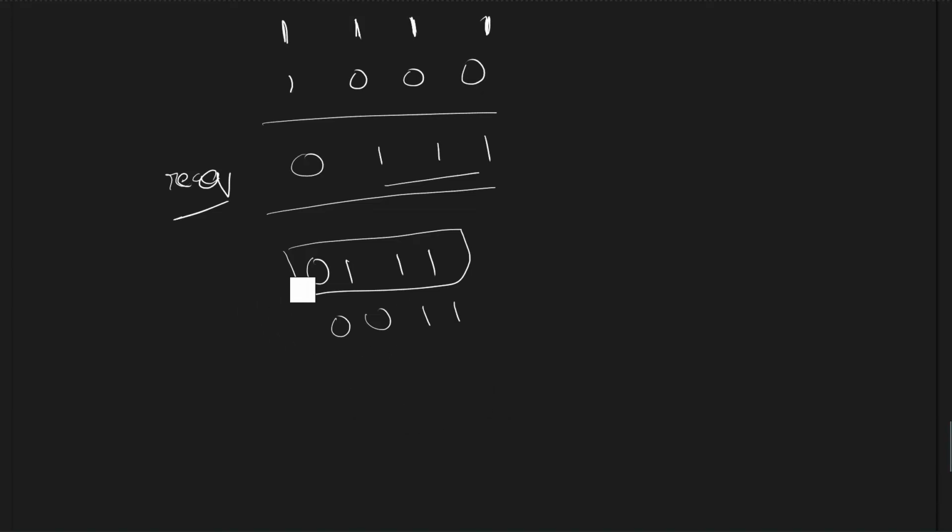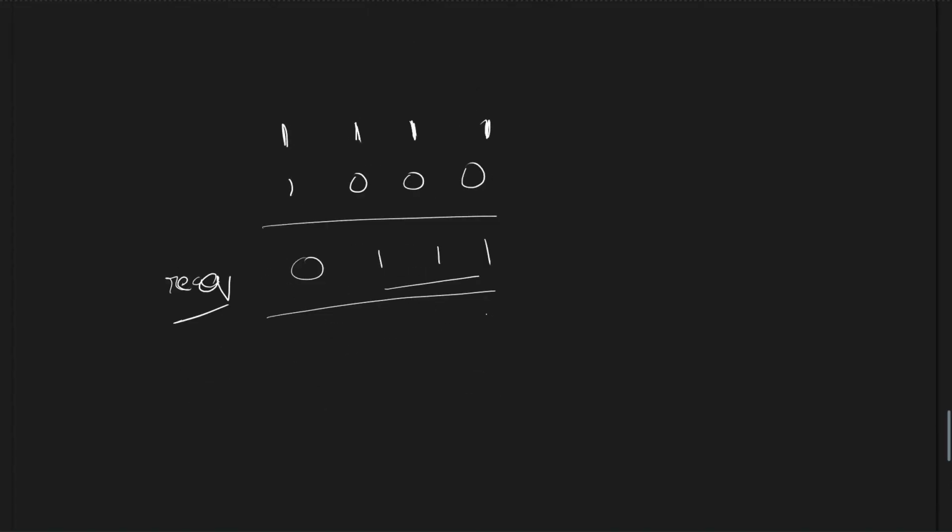So for example, after taking this particular value initially, I have marked this particular bit as 0 and all the others are 1. Now I want to find the maximum value which can contribute the most to my answer. So for that, I will create a submask of this particular value with all the values.